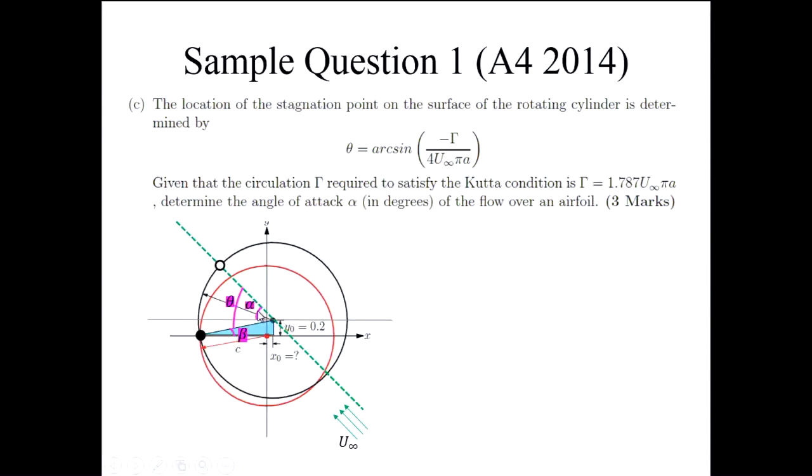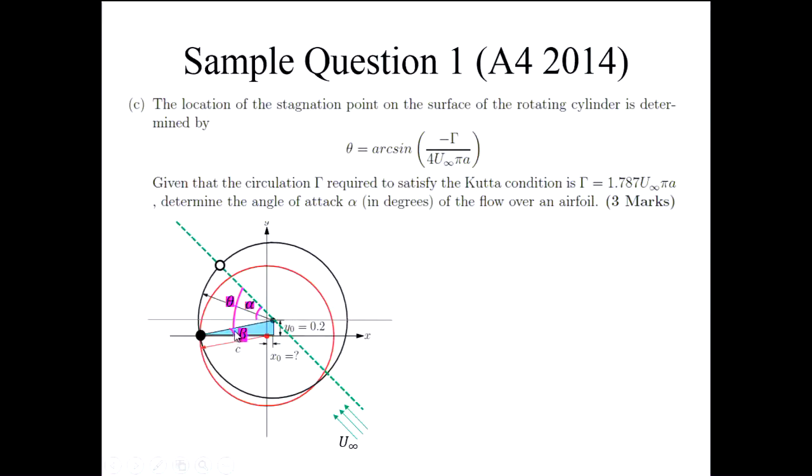That's the angle of attack. So if there's 0 angle of attack, this green line should just be horizontal. But because of the angle of attack, it has been rotated, and this angle is just alpha.